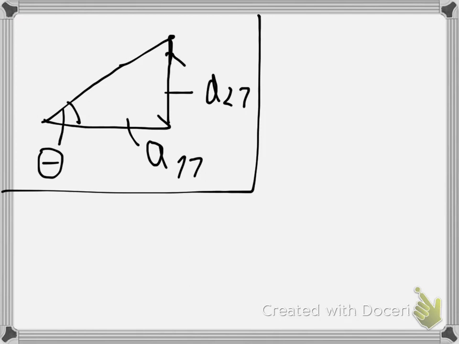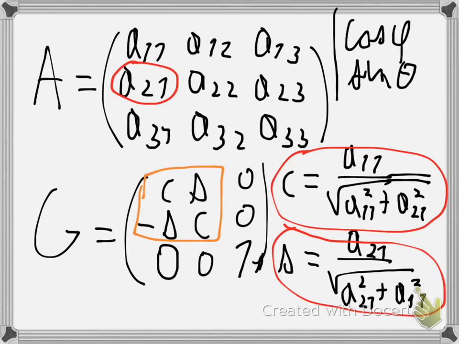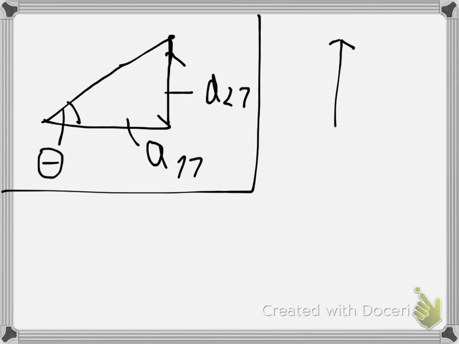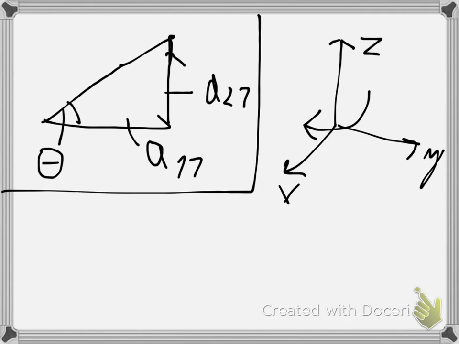For example, if you rotate in the xy plane, as we did in our first rotation, remember when we rotate around the z-axis? So we rotate the xy plane, basically.